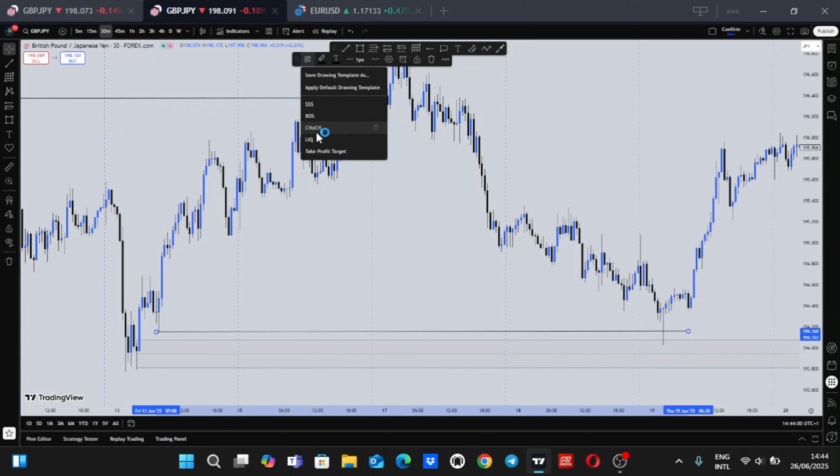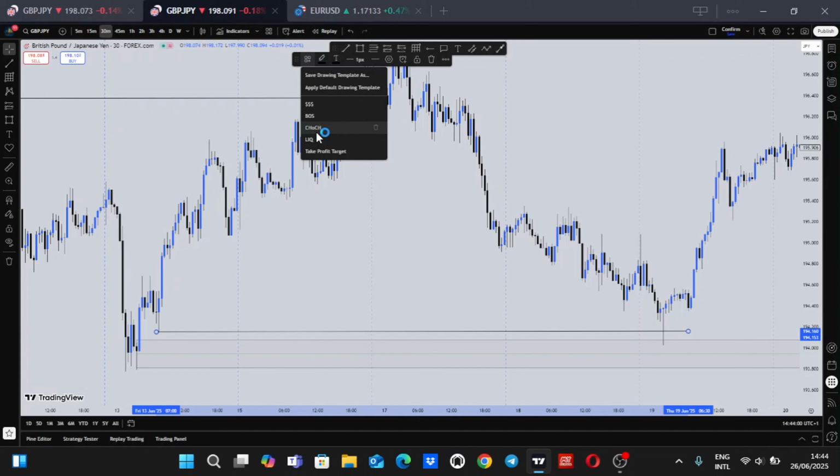Okay, so which other thing do we need to see? Yeah, that's all. So what we would have done was just take our long position and place it here. Set your stop loss below the low of the origin.